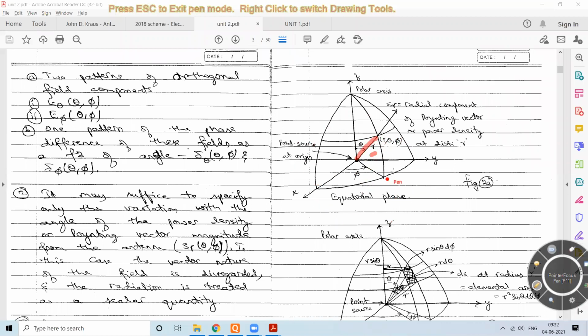And based on the variations with respect to phi and theta, you will get what is the power at this point, what is the power at this point, what is the power at this point. So on the sphere, you are trying to measure these things.